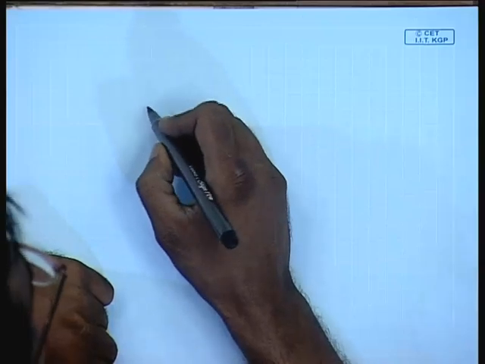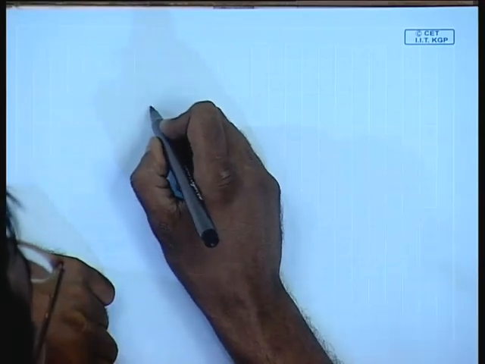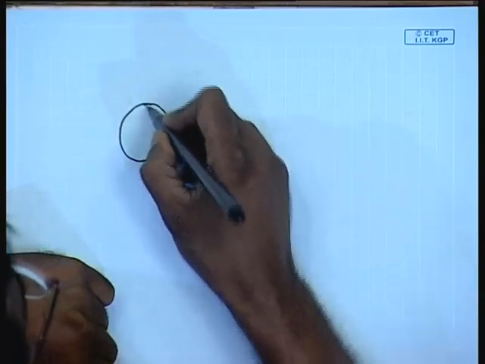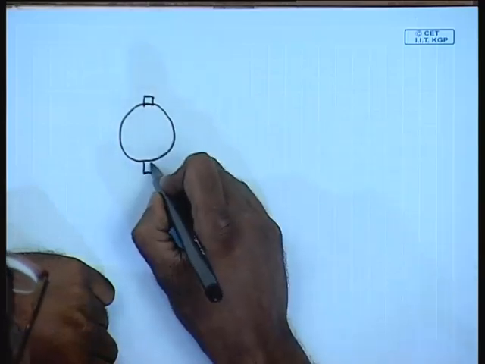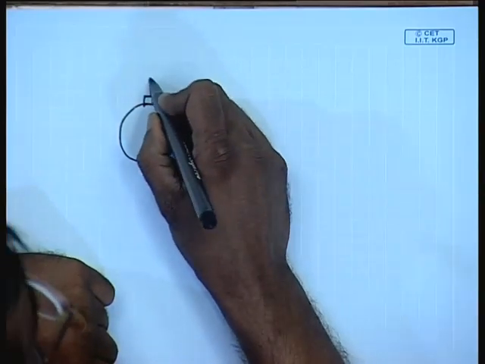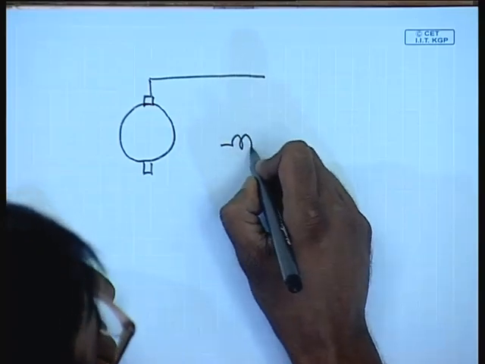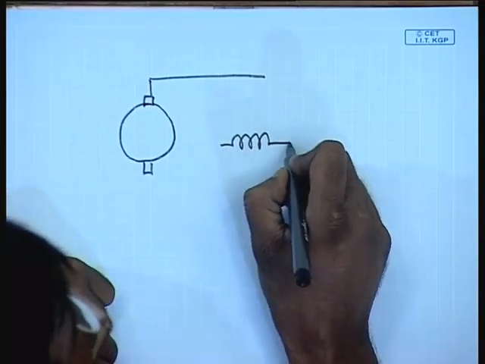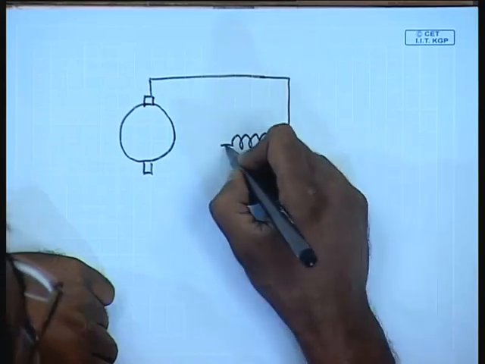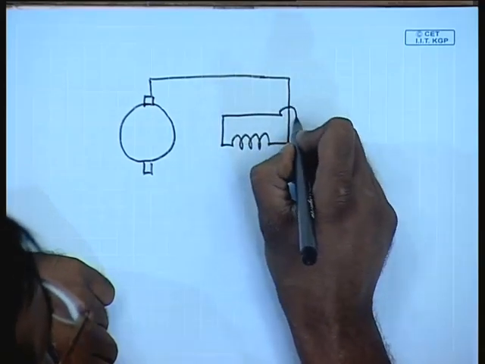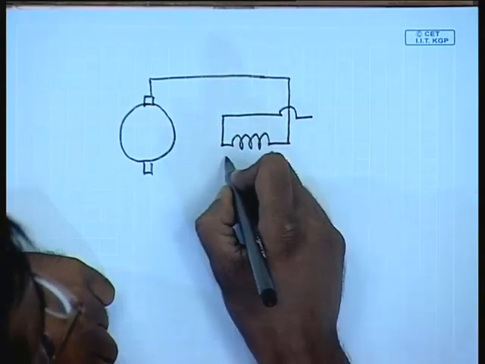More importantly, it is possible to achieve regenerative braking using choppers. So, for that again we will connect the series machine to a chopper, with the field reversed.